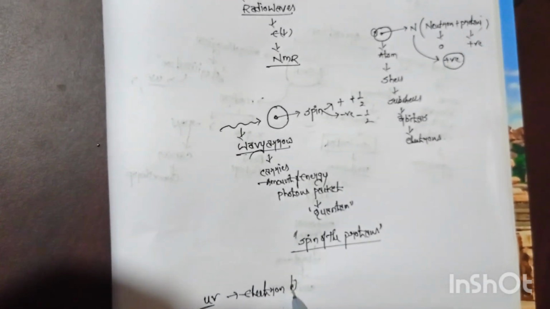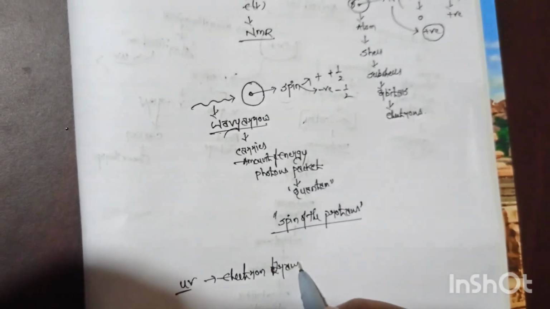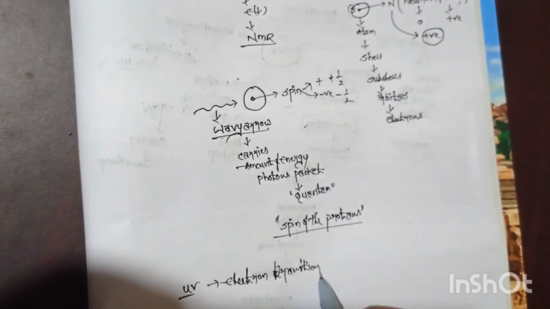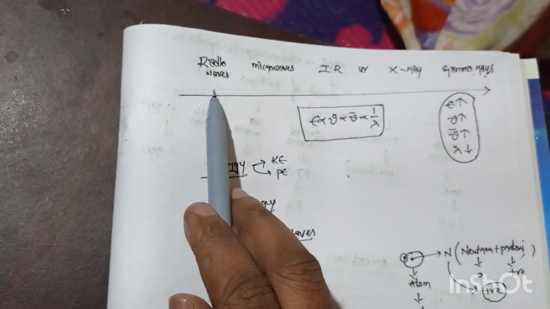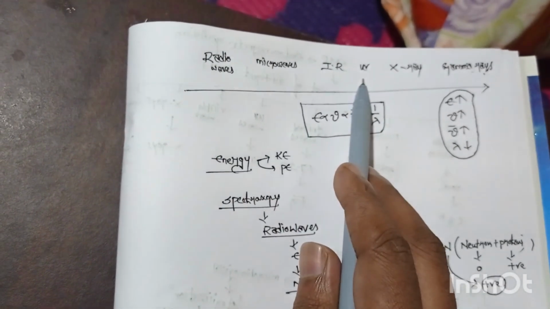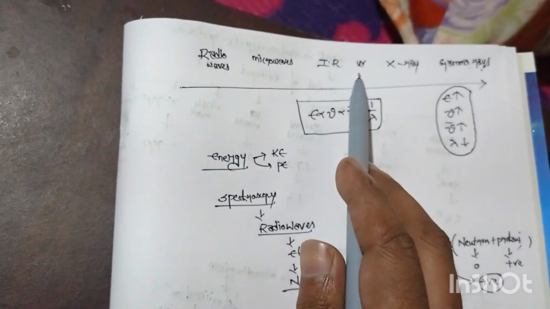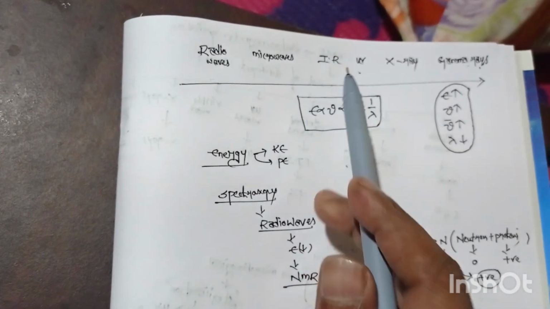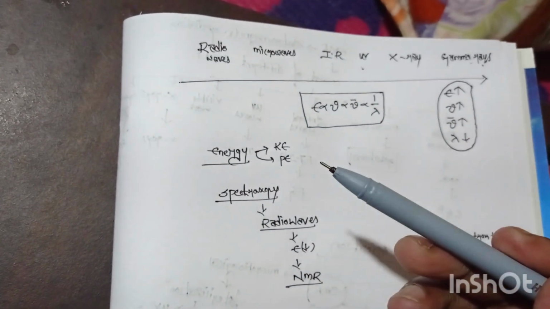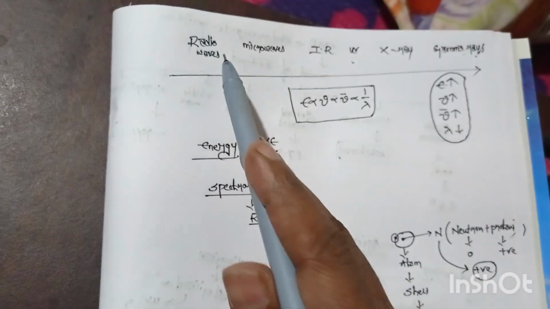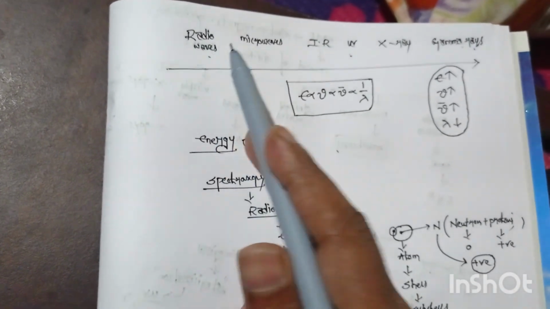Electronic transitions take place because, compared to radio waves, UV rays have much more energy. That means they cause something more effective than radio waves, right?